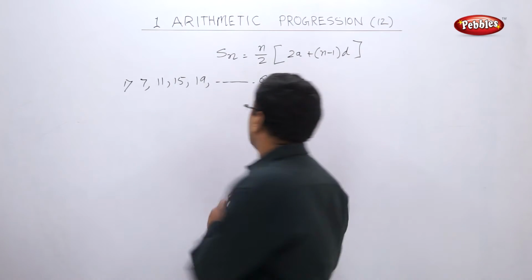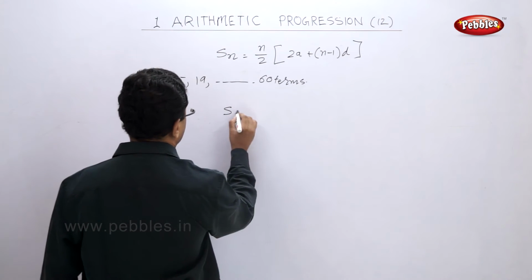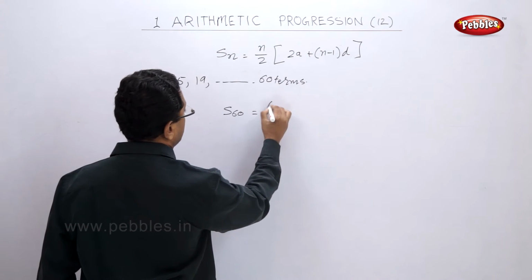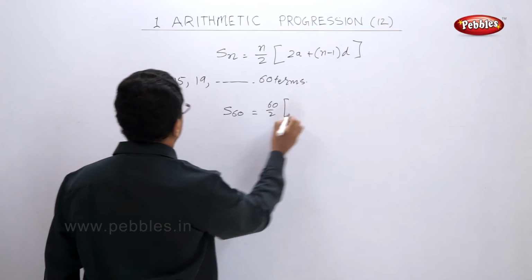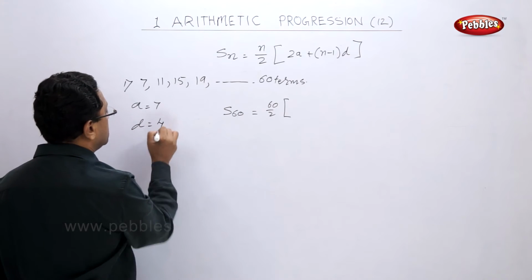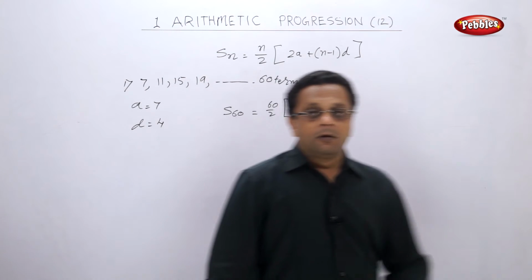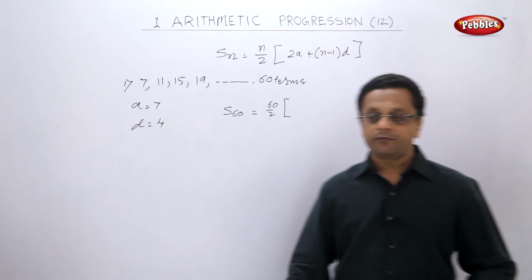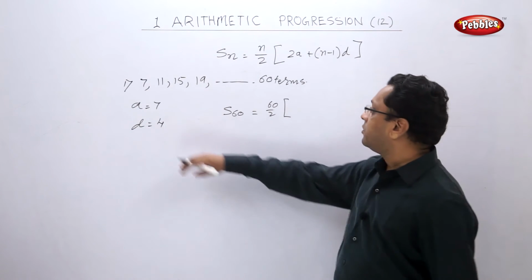How will you find it out? Very easy. Just write it down. S60 is equal to 60 upon 2. What is a here? 7. And what is d? It is 4. So a is 7, d is 4.